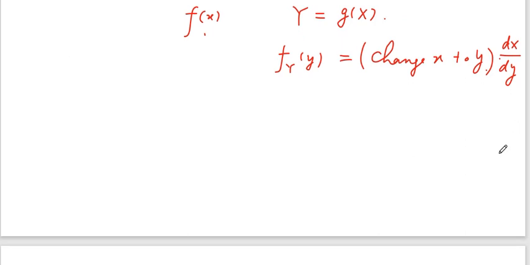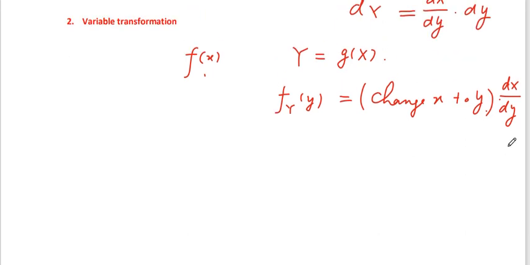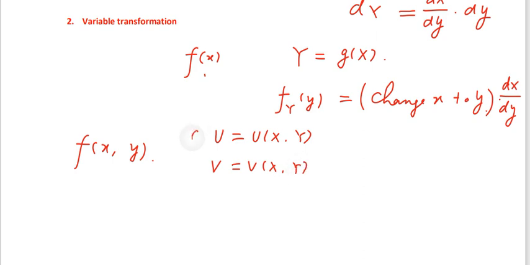Okay. So for two variables, we can use the same idea. Let's say before we have x, y, and a density function for x, y. Now we have u, v, a new variable. U is a function of x, y, and V is a function of x, y.